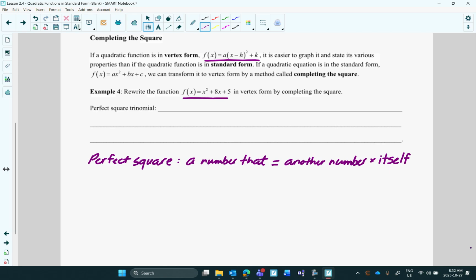100 is a perfect square because 10 times 10. Doesn't necessarily have to be numbers. X squared is a perfect square because x times x. X to the 6th is a perfect square because x to the 3rd times x to the 3rd.